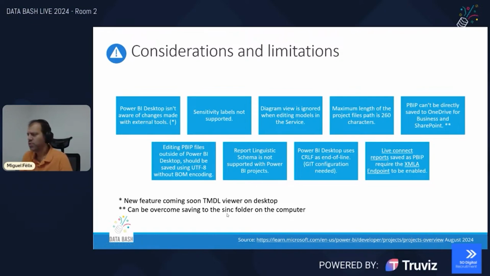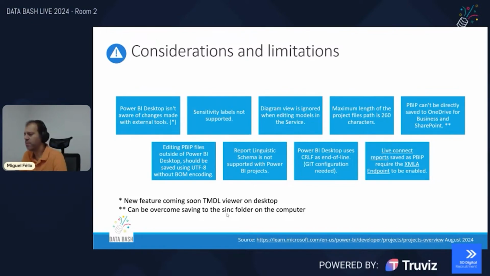Be careful, because when you save to OneDrive and SharePoint, you are always syncing all the files in that specific project. So if it's a lot, you can have problems saving and having the previous versions while doing this.